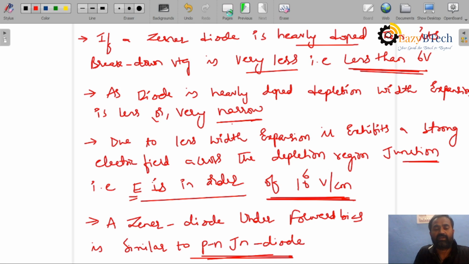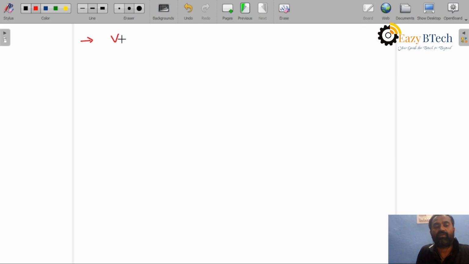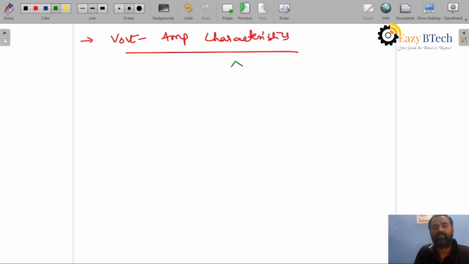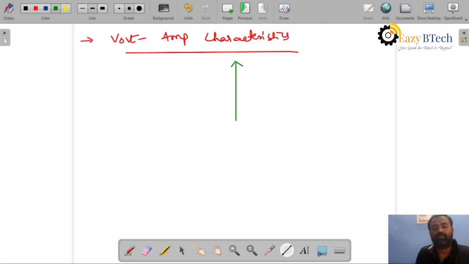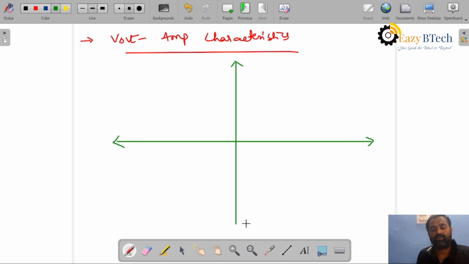Okay, students. Now, if you see the graph, volt ampere characteristics, it is forward current, it is forward voltage, it is reverse voltage, it is reverse current.